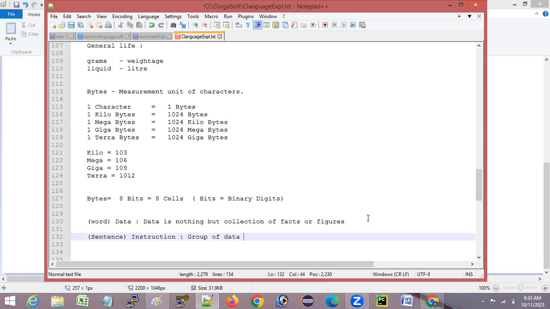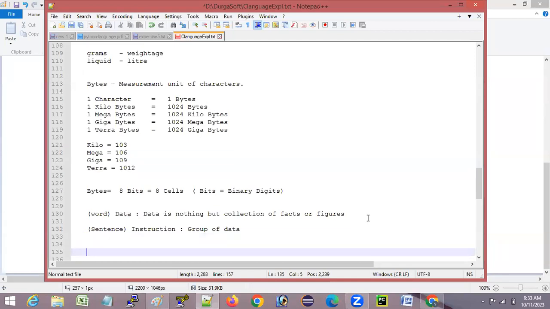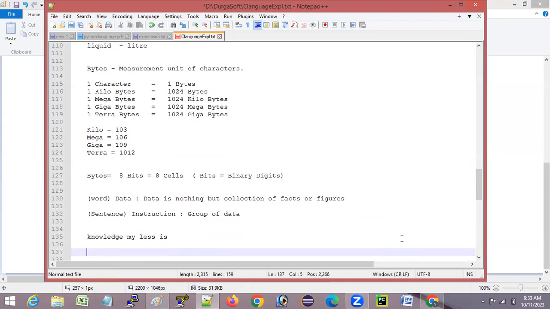Suppose I have written: knowledge, my, less, is. These are all words. Are you going to get any meaning from this? Yes guys, come on, tell me. When you process this, it becomes: my knowledge is less. Then you get a little meaning from it.